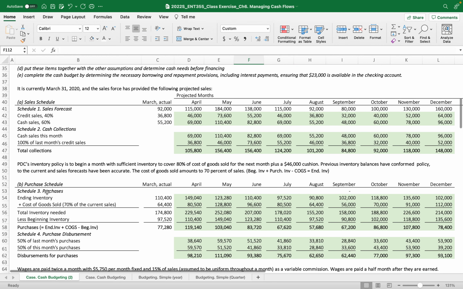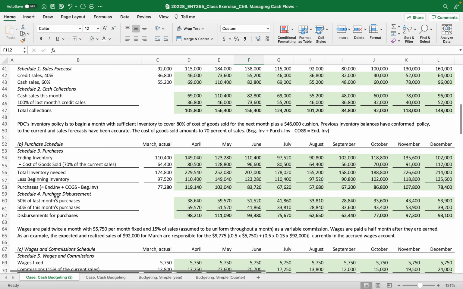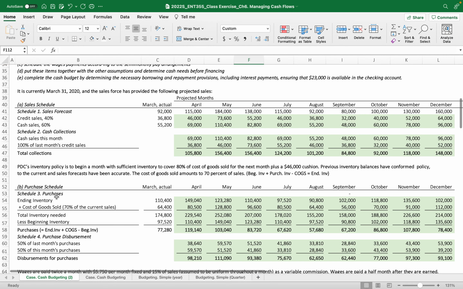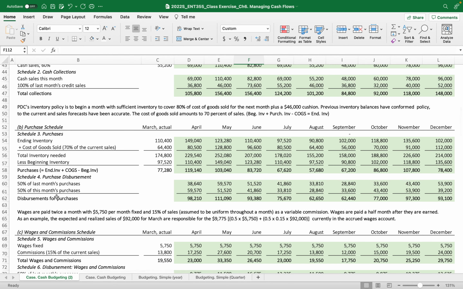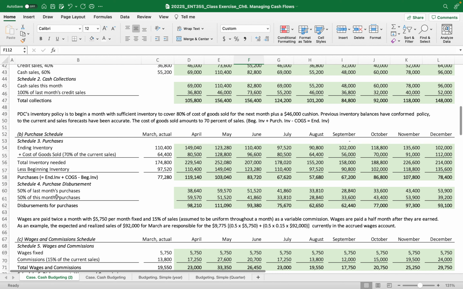In the last video clip, we created the schedules, which include the sales schedule, purchase schedule, and wages and commission schedules. The reason we created those schedules is that all the business activities are based on the accrual basis, which is different from actual cash transactions.